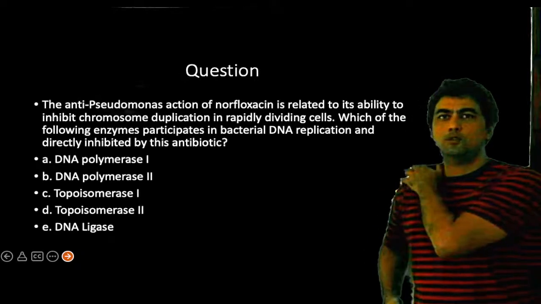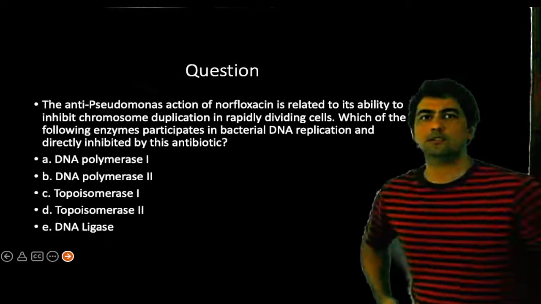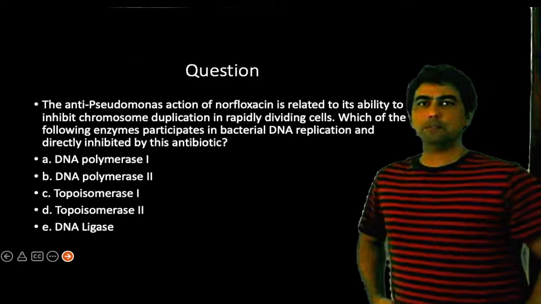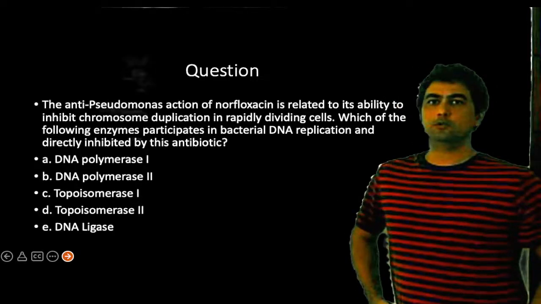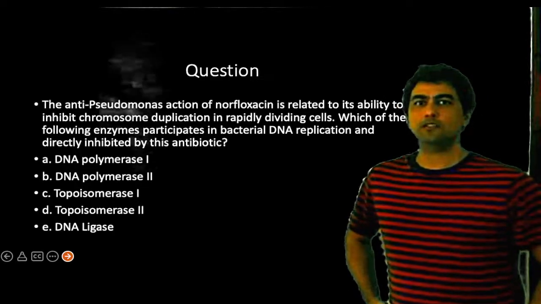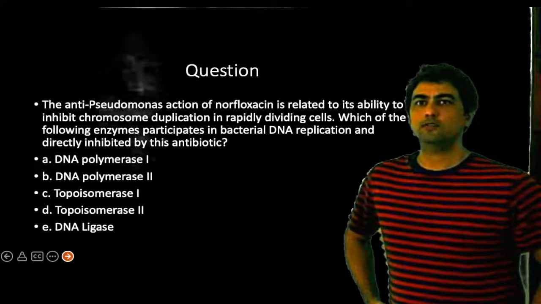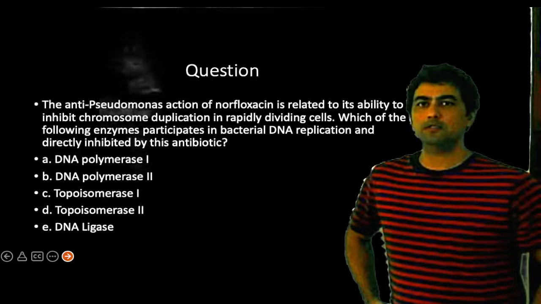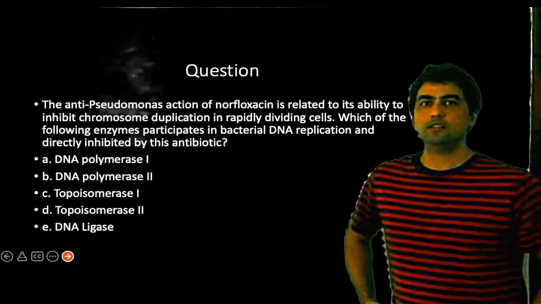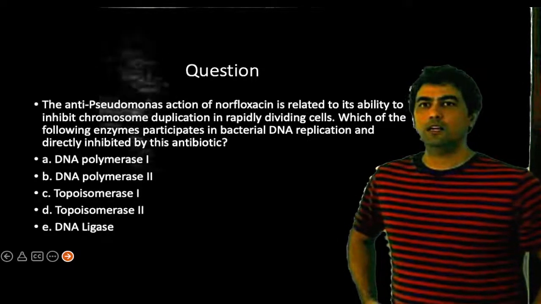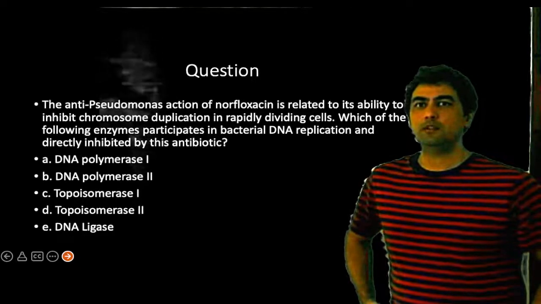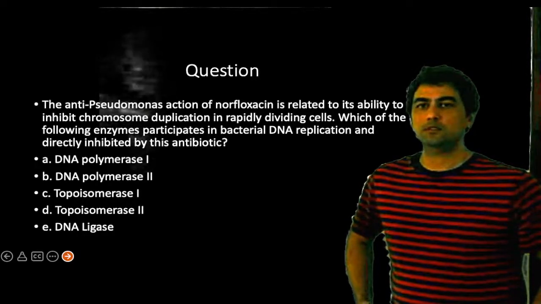The anti-pseudomonas action of norfloxacin is related to its ability to inhibit chromosome duplication in rapidly dividing cells. Each of the following enzymes participates in bacterial DNA replication; which is directly inhibited by these antibiotics?